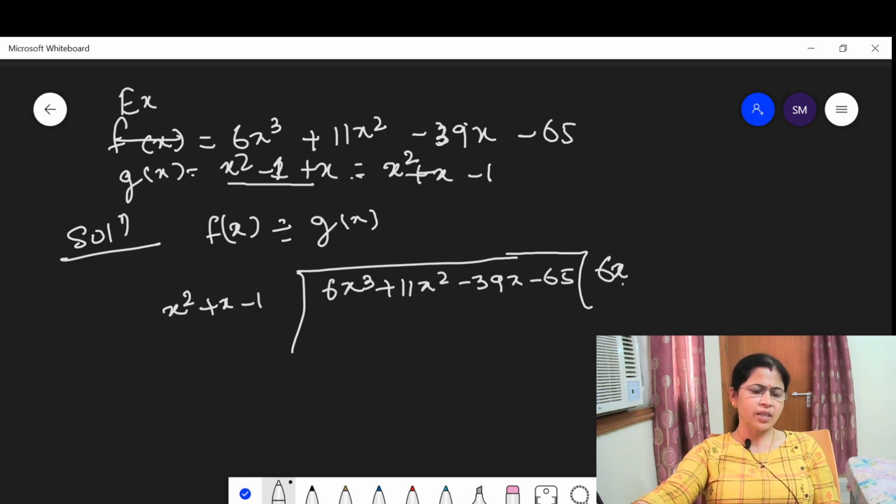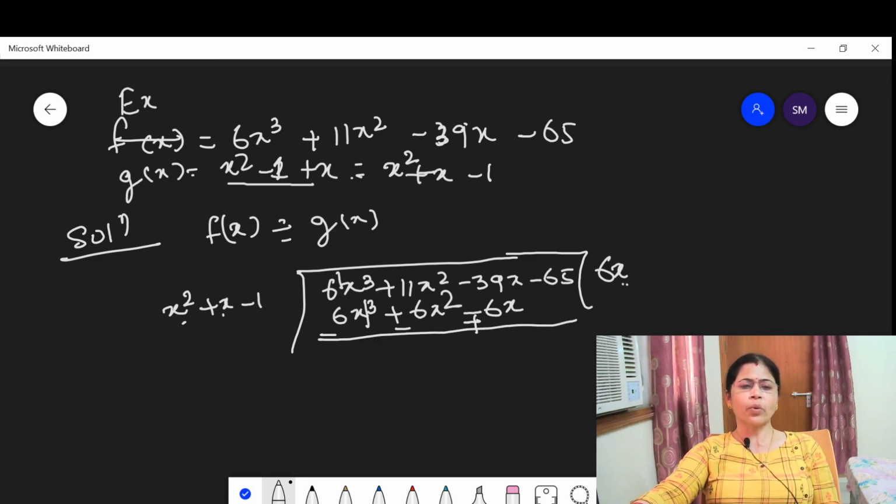When 6x is multiplied with x square, we get 6x cube. 6x into x is plus 6x square. 6x into minus 1 is minus 6x. Then do the subtraction. When we subtract, you know the signs will be opposite. Then 11x square minus 6x square is 5x square, minus 39x plus 6x is minus 33x, minus 65. Then next will be plus 5.